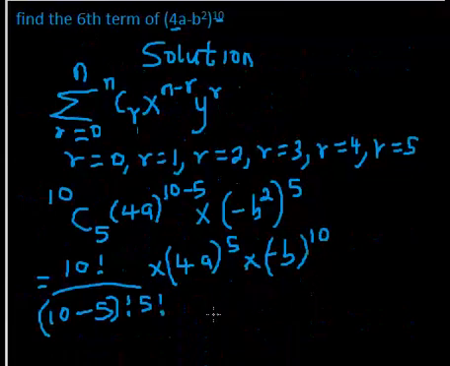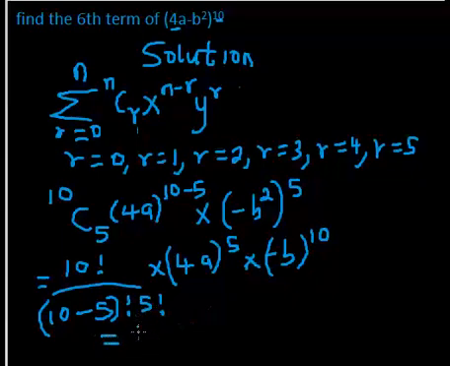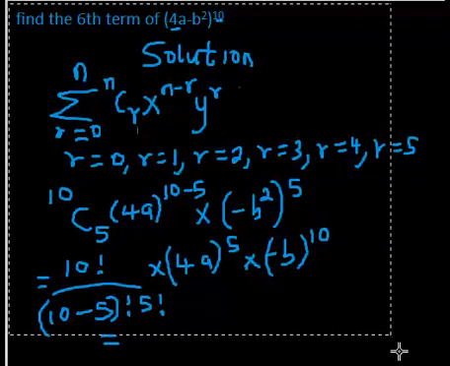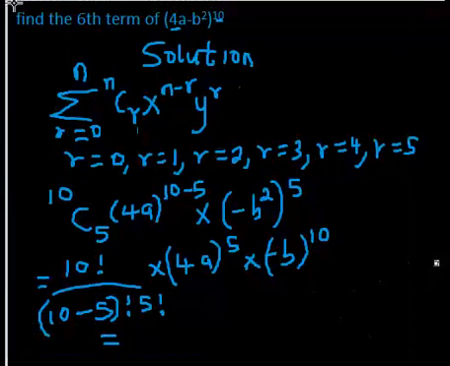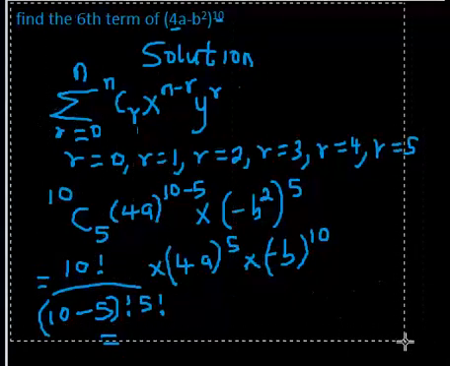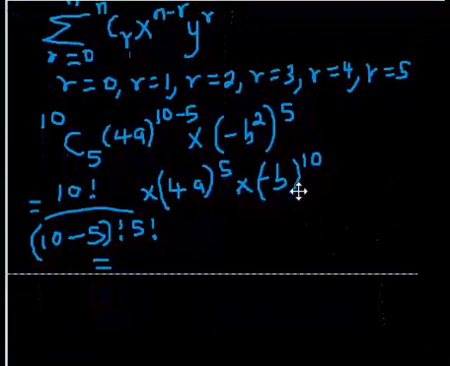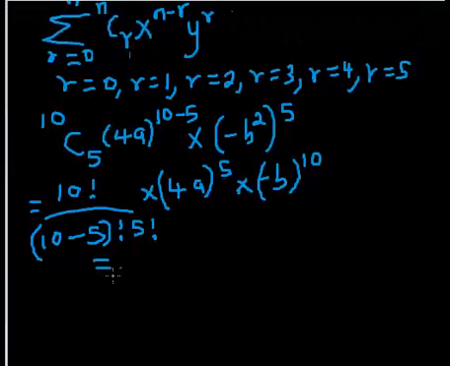So let's evaluate our factorial. This is going to be equal to 10 factorial, and I have 10 minus 5 factorial and also 5 factorial.